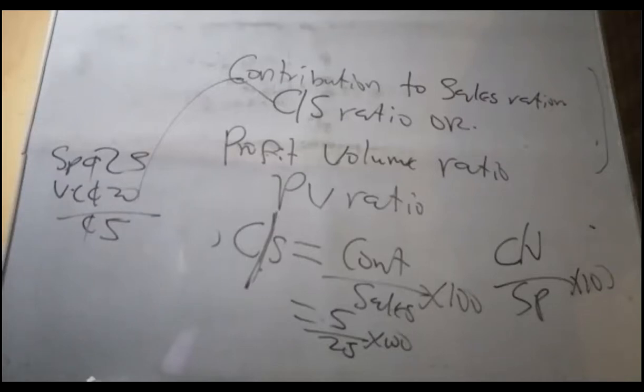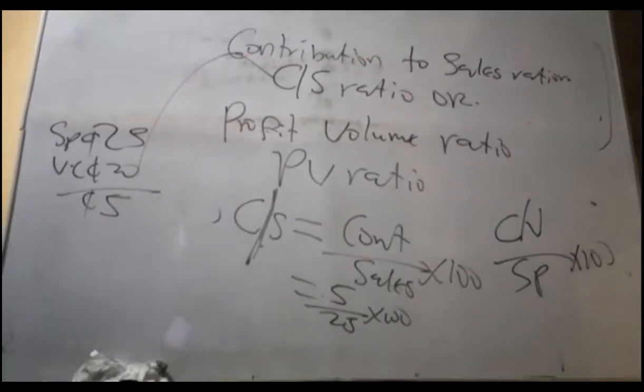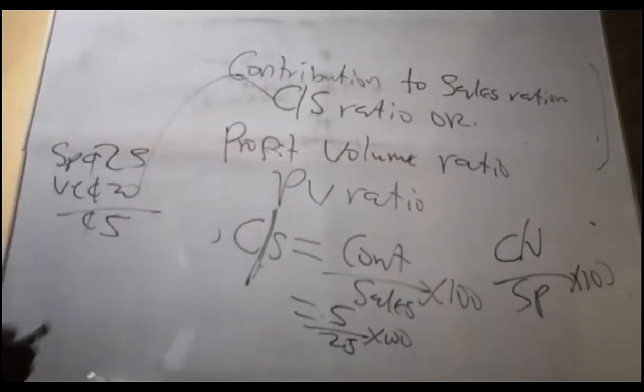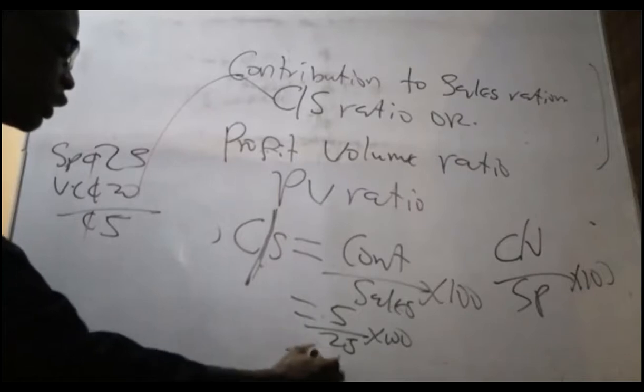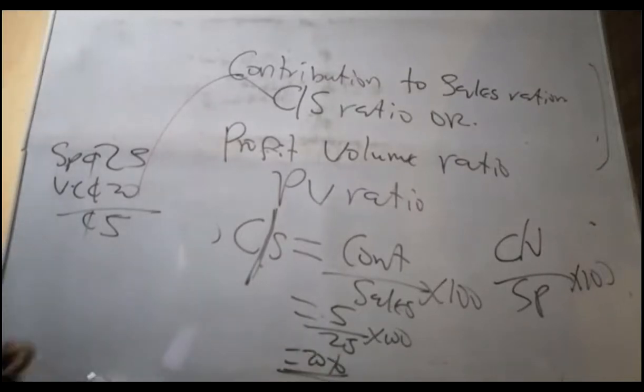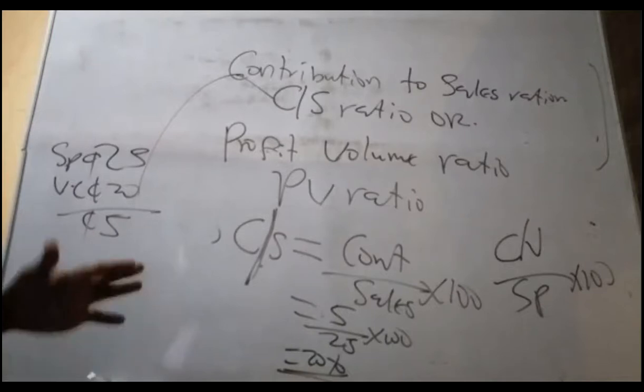CS ratio will be 20%. Okay, that's great. I'll take that. So CS ratio is equal to 20%.